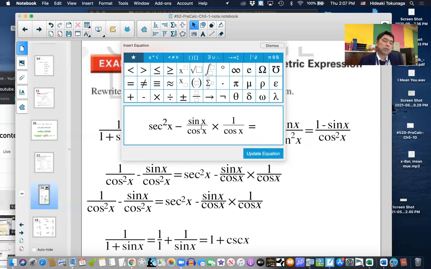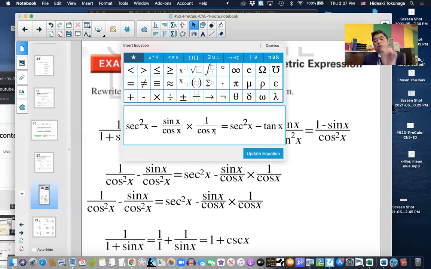Sine x over cosine x is SOHCAHTOA, right? So it's tangent x. I write down this one as it is. 1 over cosine x is secant, right? So this is secant here. But it's multiplication, so you can write down tangent x secant x.